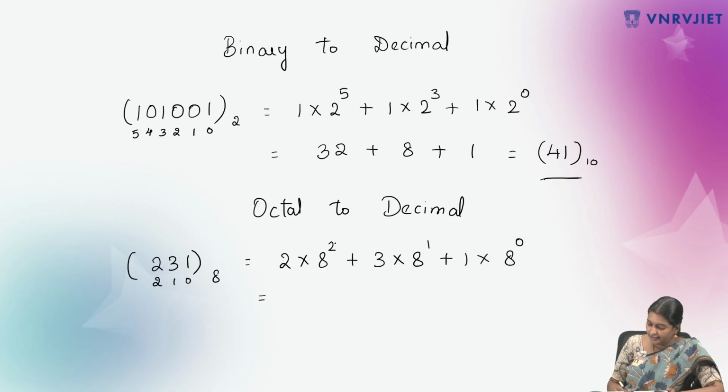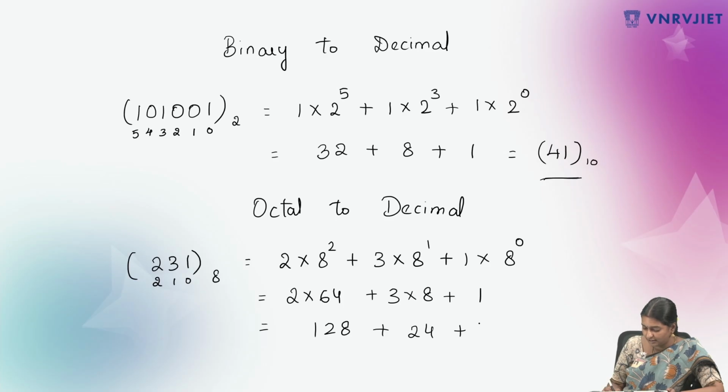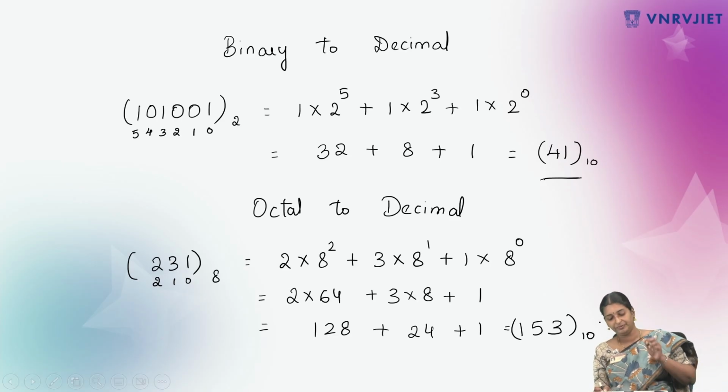So 8 square is 64. 2 into 64 plus 3 into 8, which is 24, plus 1. So 128 plus 24 plus 1, which is 153 to the base 10. Right. So this is how we will convert octal to decimal.